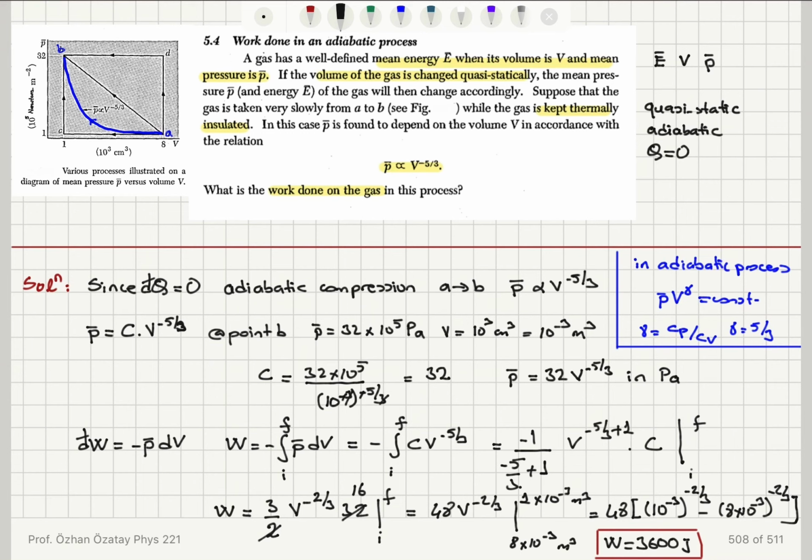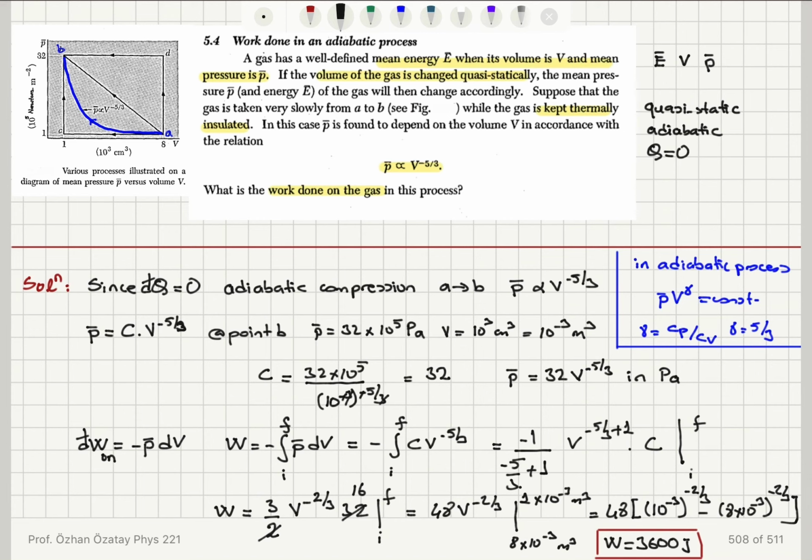The work done is the integral from initial state to final state of minus P bar dV, work done on the gas. So this is d bar W on the gas. If I calculate this integral from initial to final state, the integral of V to minus 5 over 3 is V to minus 2 over 3 divided by minus 2 over 3, but because I have a minus sign up front, it becomes 3 over 2 V to minus 2 over 3.